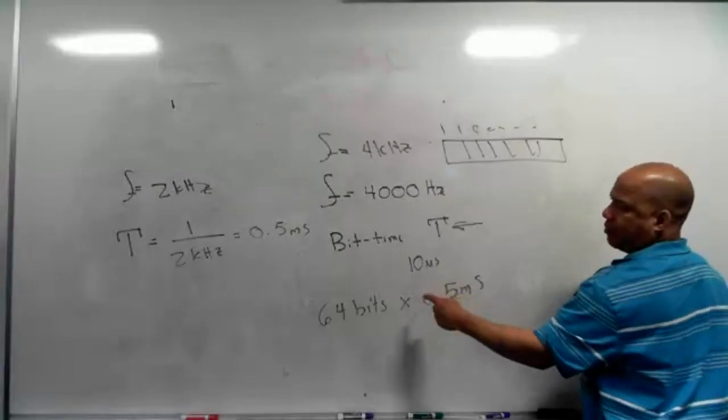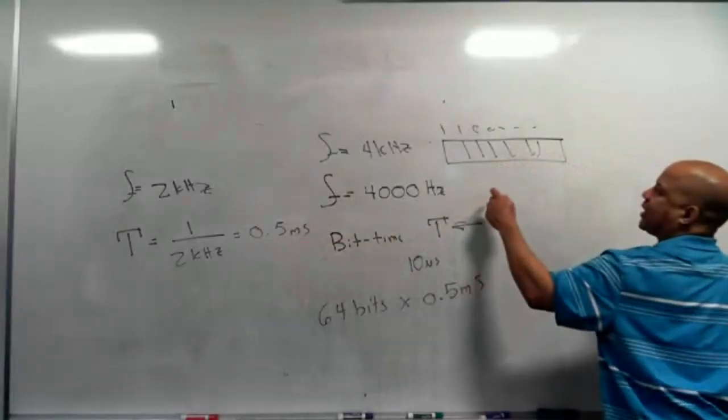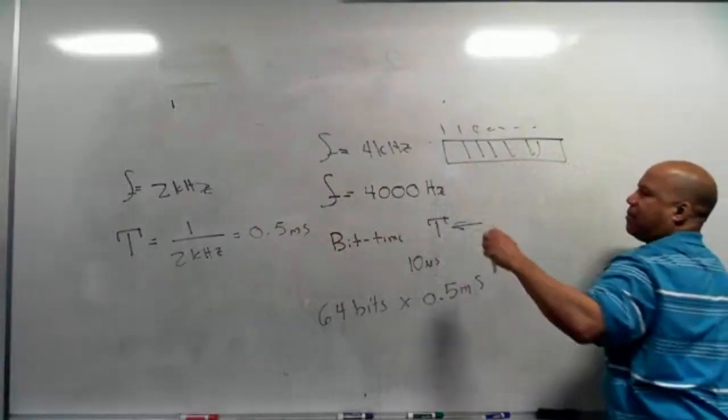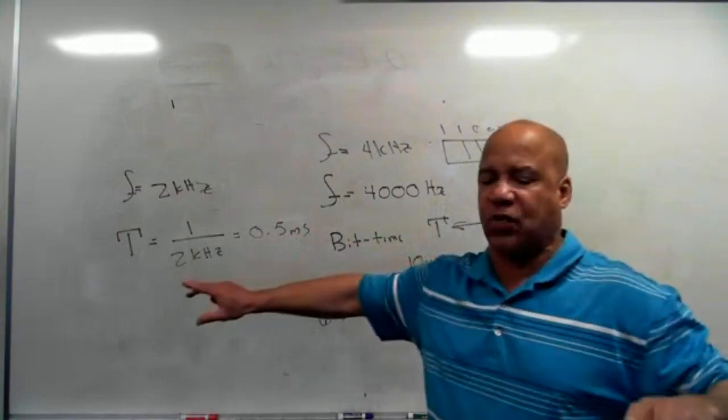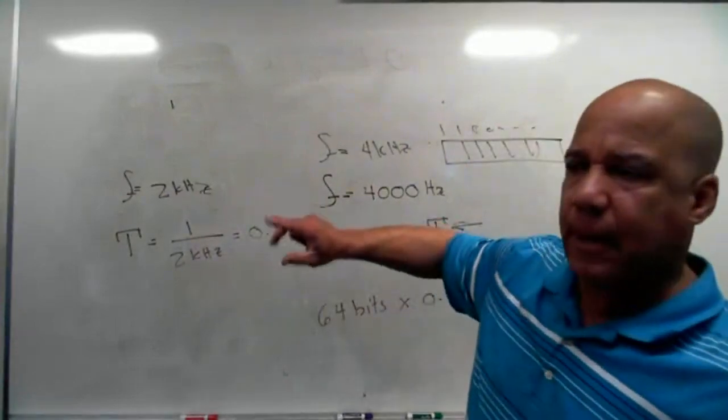The clock clicks 1 time, 0.5 milliseconds, and in parallel all those bits are transferred on 1 clock pulse.